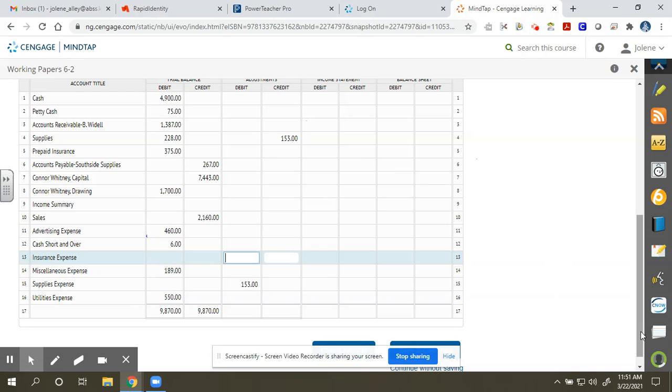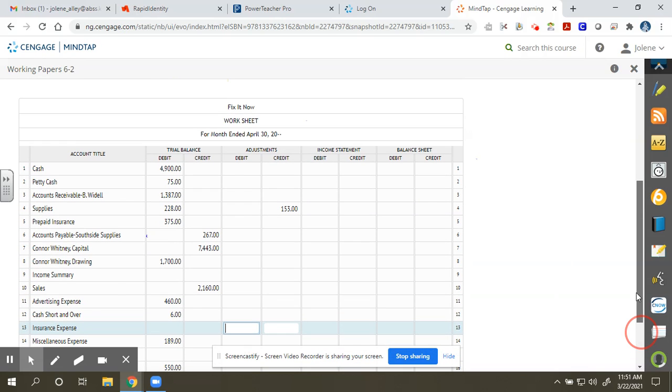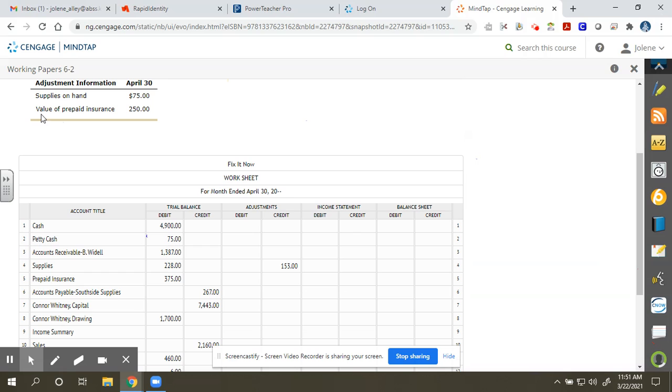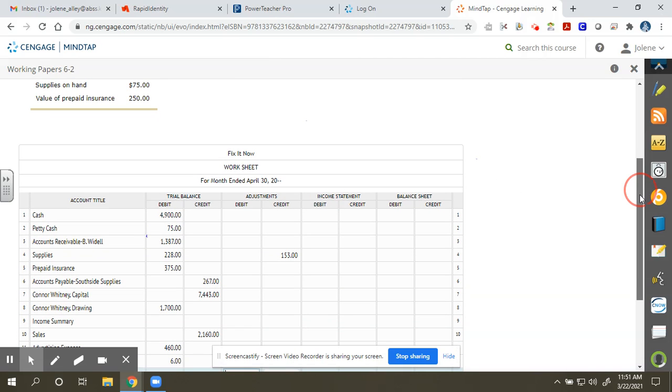Okay. So now we go up here and we do the same thing for the value of the prepaid insurance. I told you before, insurance has to be paid and then it covers you for the rest of that term, for the future. All right. So they're trying to figure out how much was used up for the month of April. This is all we're talking about, the month of April.